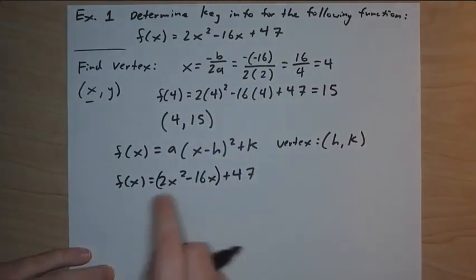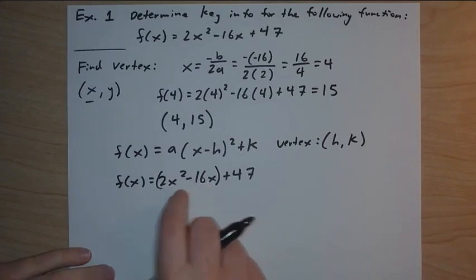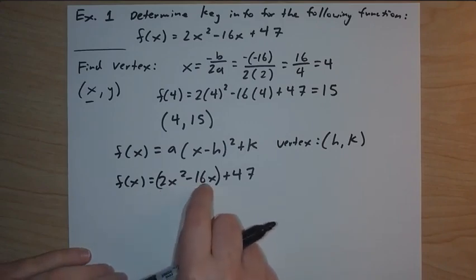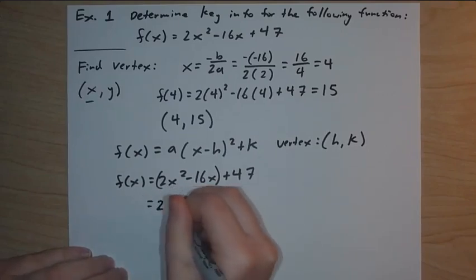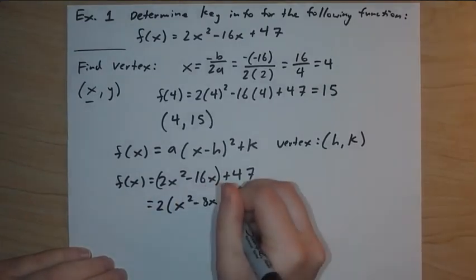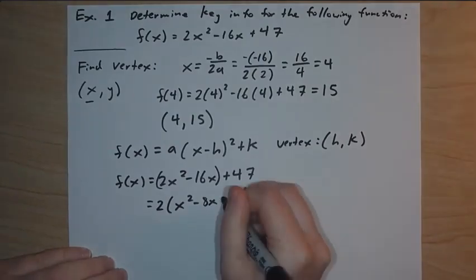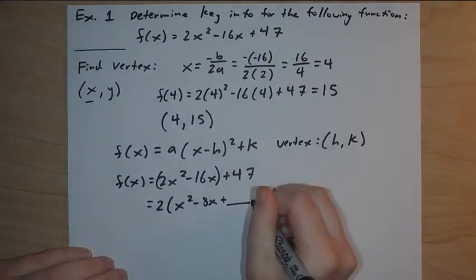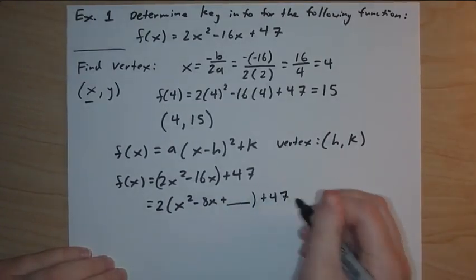The first thing I'm going to do is see if I can factor out this number 2. It turns out I can, because 2 goes into 16. So we can rewrite this as 2 times x squared minus 8x, plus a placeholder for the moment, plus 47.